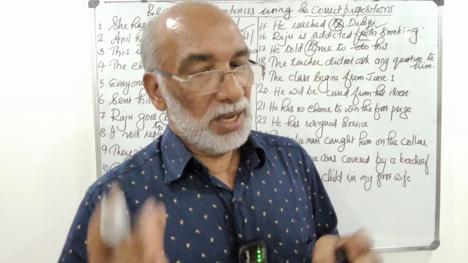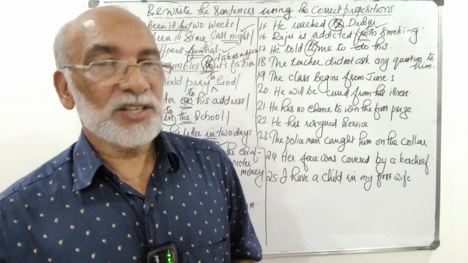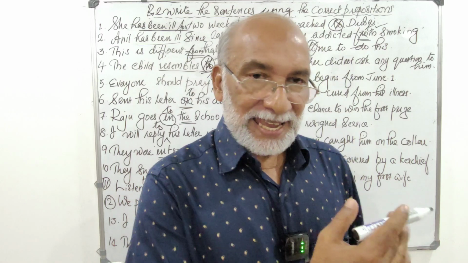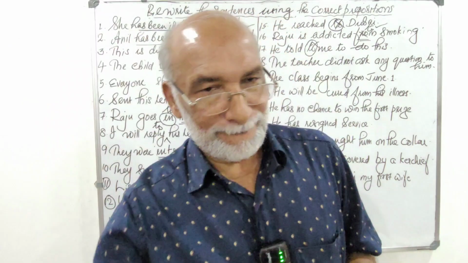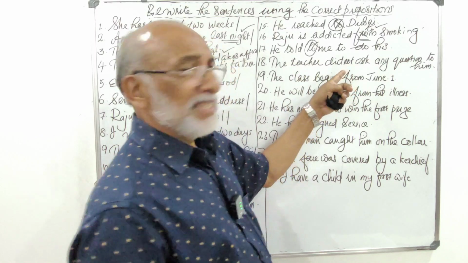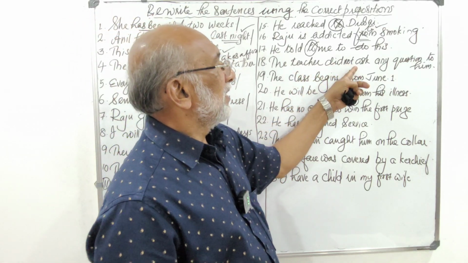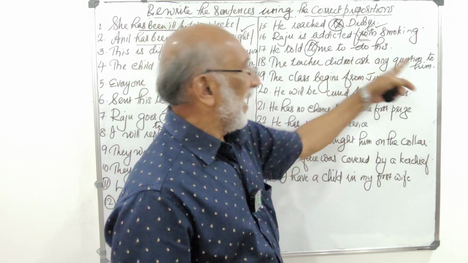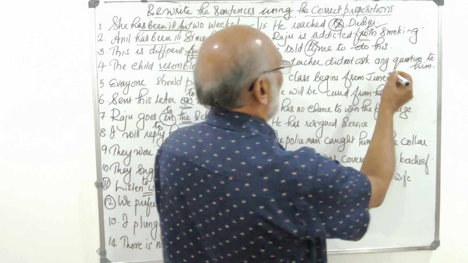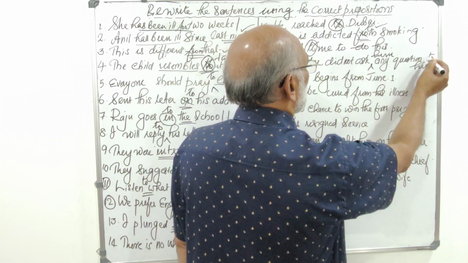There are two objects, direct and indirect object. So in that case, you have to use the indirect object first and then the direct object. So the sentence should be like this. The teacher did not ask him any question.